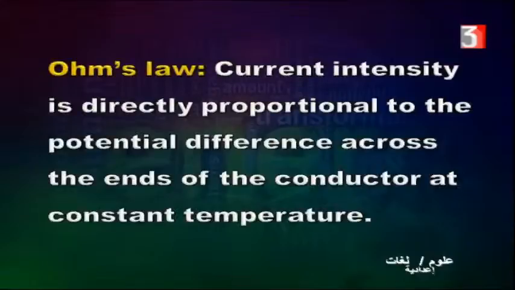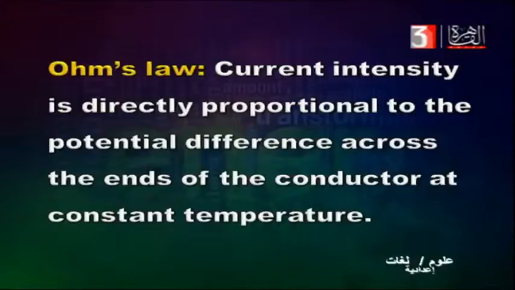Ohm's law: current intensity is directly proportional to the potential difference across the ends of a conductor at constant temperature. This form is called Ohm's law. We observe that increasing intensity means increasing potential, decreasing intensity means decreasing potential.